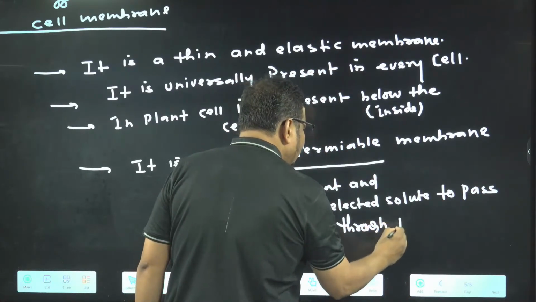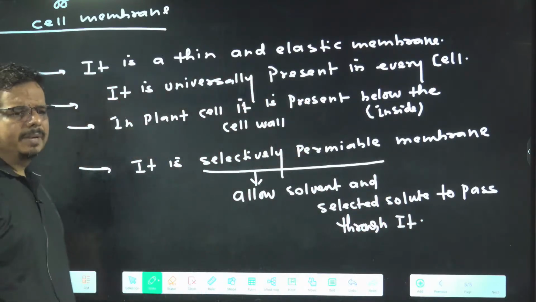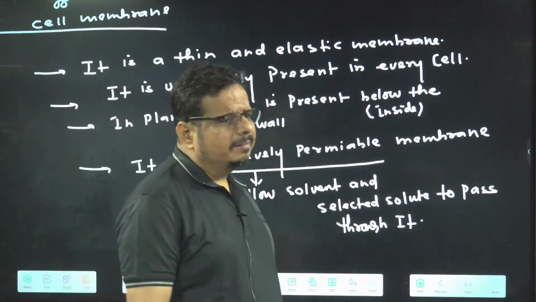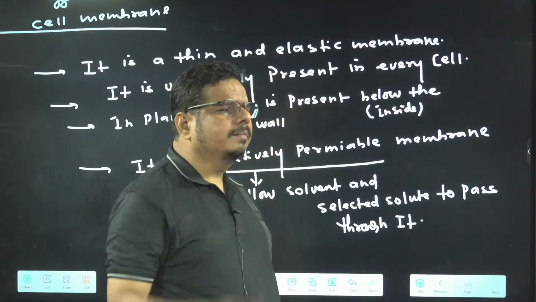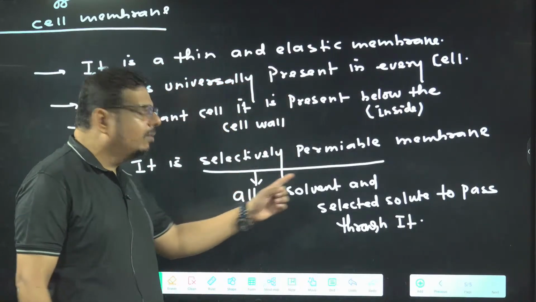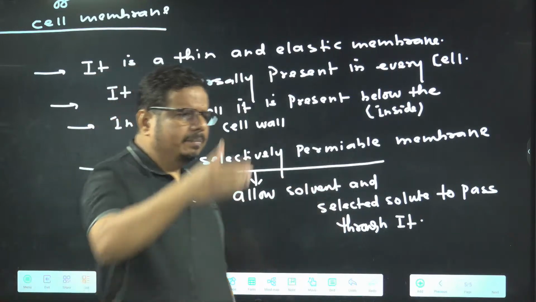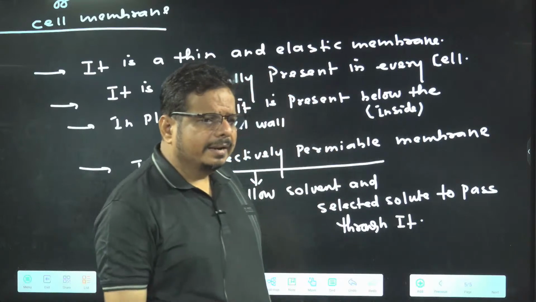It allows solvent, means water can pass through the plasma membrane. It does not stop the water to pass, but it does not allow all solute to pass. It accepts some, allows some, rejects some.